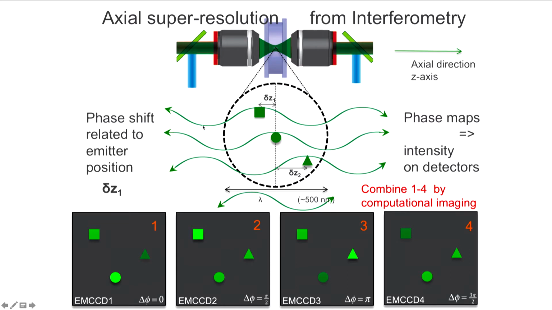At different depths, you're going to get different phase maps, and so this is coded here with squares and circles and triangles, which all of us understand. And so at different phases, different things will be brighter. And from this, with some computation, we can very accurately reconstruct depth. And so this is work that we're just starting now.